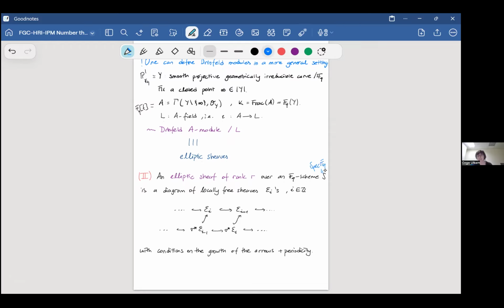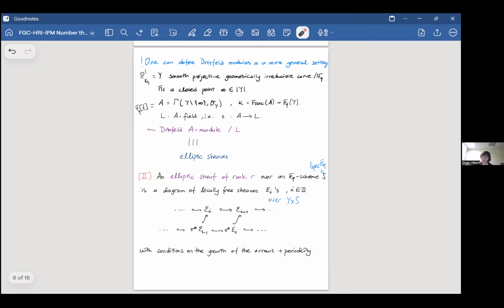There will be finitely many points, but it's still an F_q-scheme. Anyway, an elliptic sheaf of rank R is a diagram of locally free sheaves over now Y times S, the fiber product of Y and S, such a diagram that has conditions on growth of these morphisms, of these arrows, and we have periodicity.